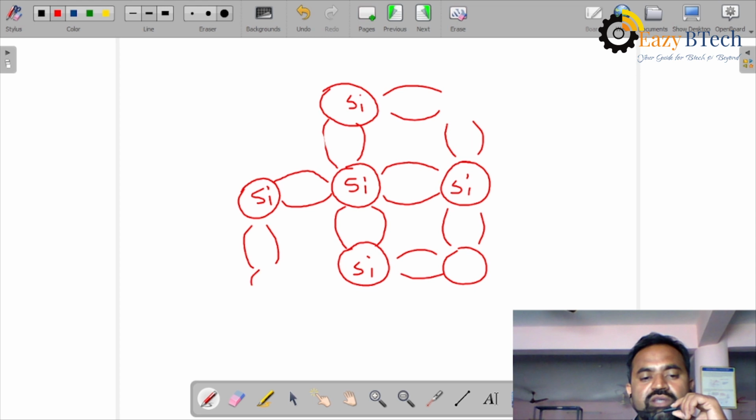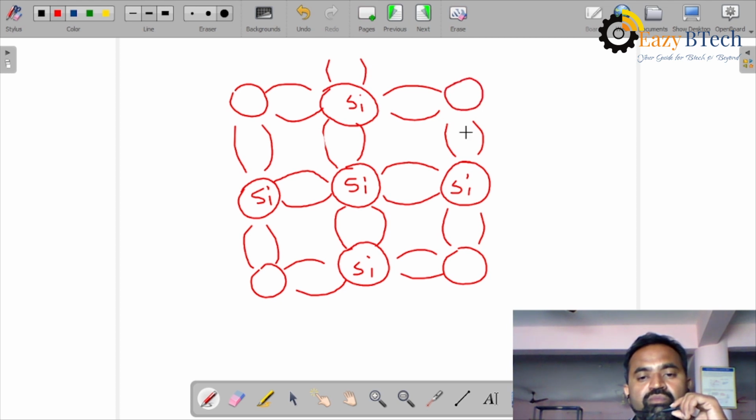See here, this is a covalent bond structure. Now you can see here, silicon with 4 valency electrons.